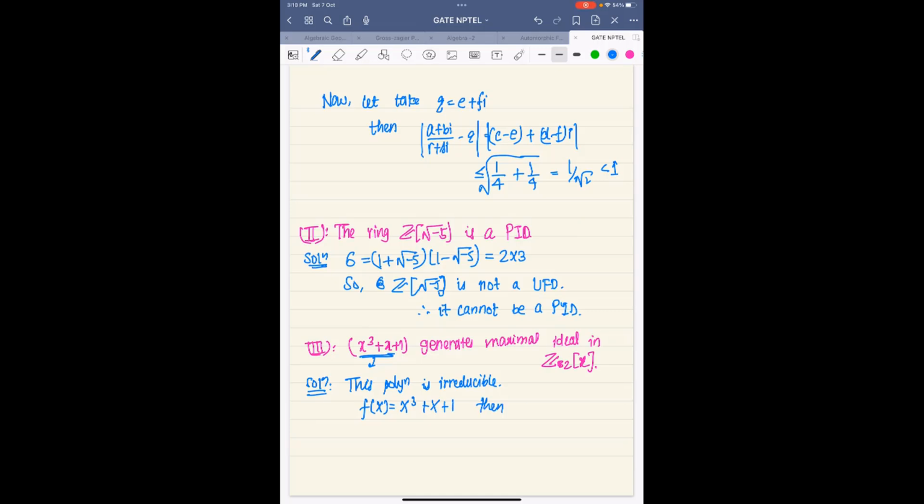Then f of 0 is 1, and f of 1 is also 1 in Z2. So this polynomial is irreducible, and we know that an irreducible polynomial generates a maximal ideal in this ring. So this statement is true.